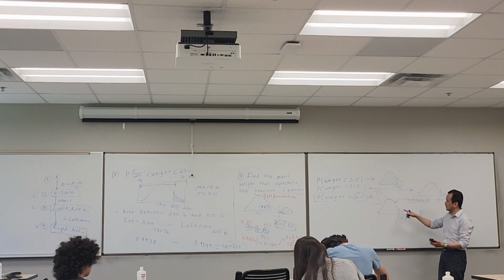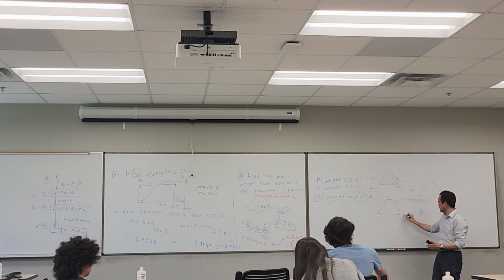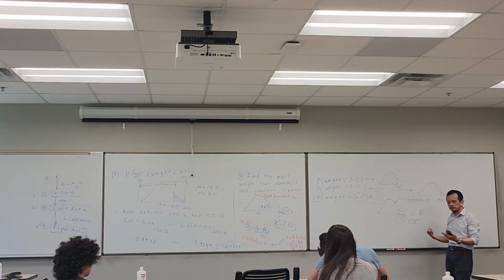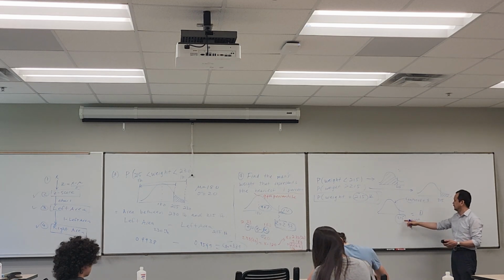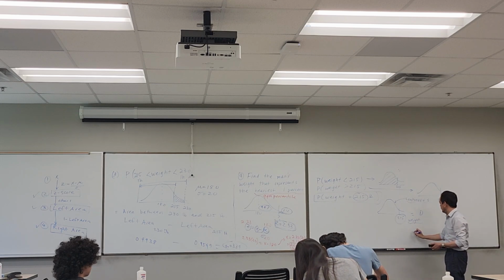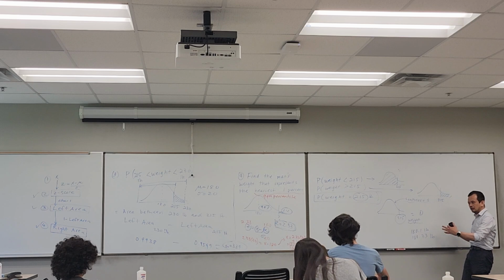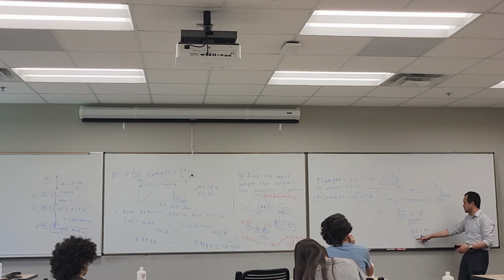Because we're talking about weights here, weight is a continuous distribution because you can have a weight that is 180.1 pounds. You can have a weight that is 180.23 pounds, and so on. You can have any weight within a certain range.